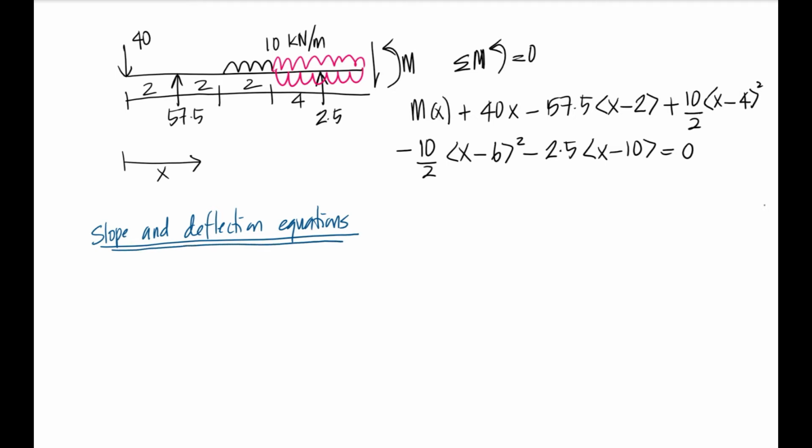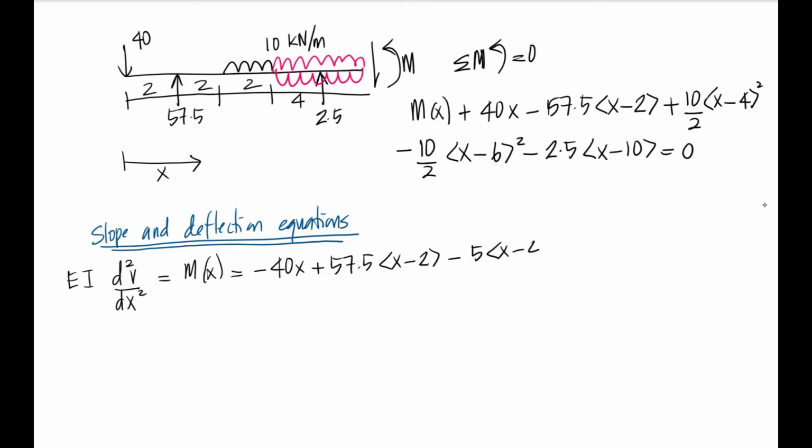EI d square v over dx square, the moment function, is equal to negative 40x plus 57.5 (x minus 2) minus 5 (x minus 4) to the power of 2 minus 5 (x minus 6) to the power of 2 minus 2.5 (x minus 10). Okay, we integrate.